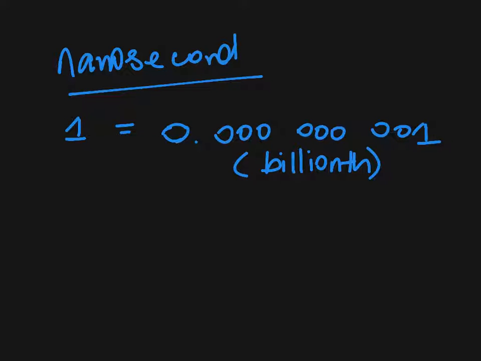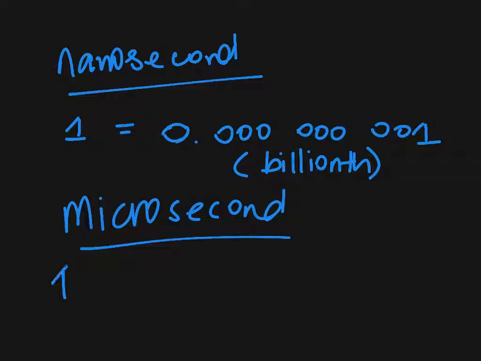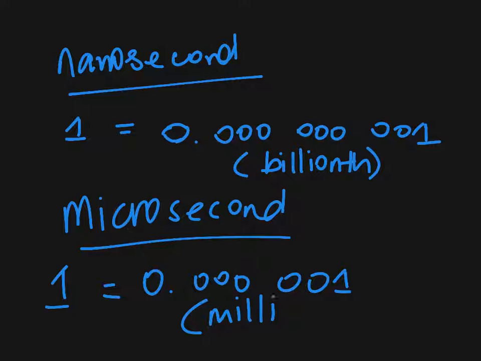Now let's look at a microsecond. So 1 microsecond equals 0.000001. And this might look familiar because it is the millionth.